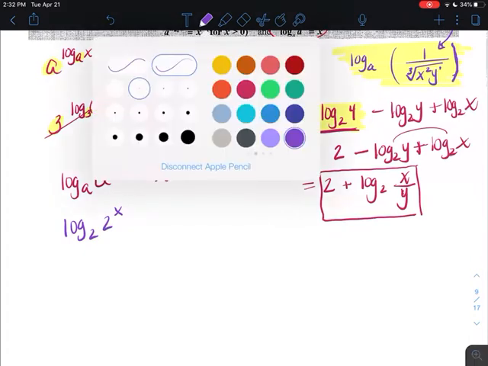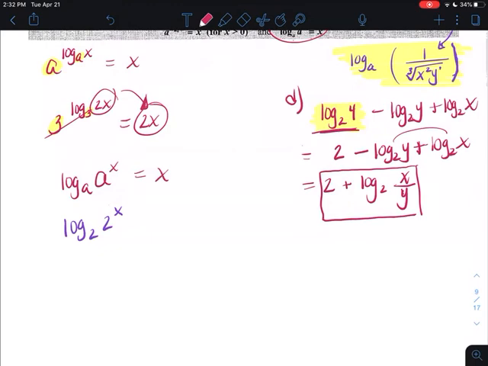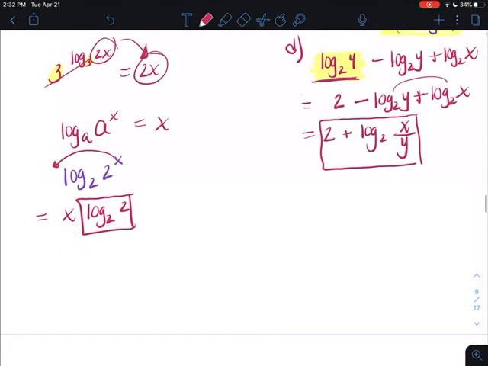Well, you can expand this by bringing x to the front. And so then you have x log base 2 of 2. Well, what is log base 2 of 2? 2 raised to what power is going to give me a 2 back? Well, that answer is 1. So x times 1 equals x. So that's how that works.